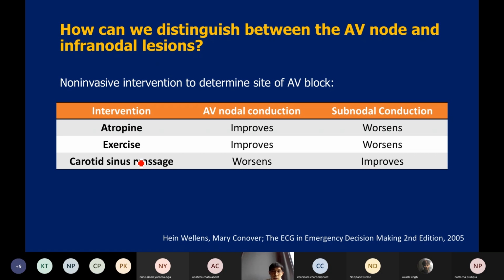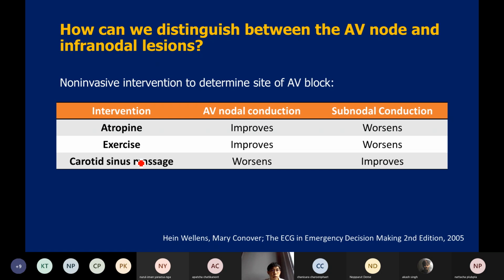If the exercise improves the severity of the AV block, such as a second degree AV block coming back to first degree AV block, it should be disease in the AV node. But if it's worsening, it should be disease below the AV node.